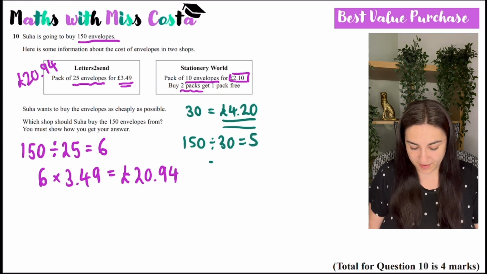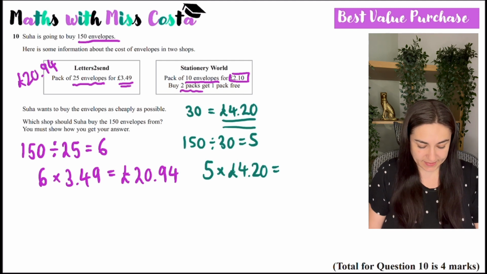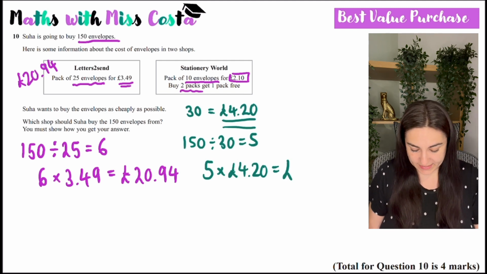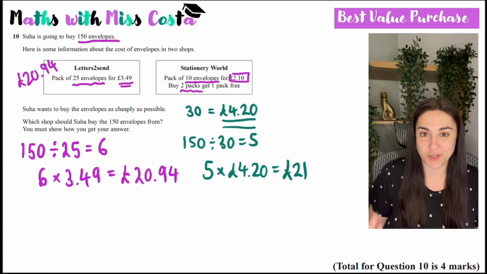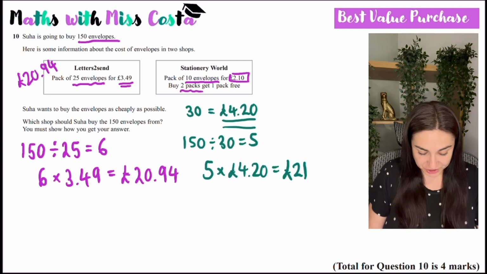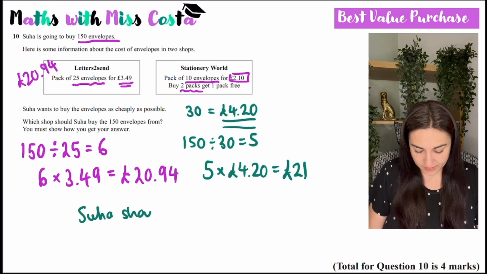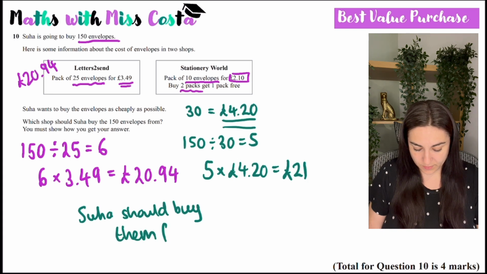So she would need to buy 5 of these, and 5 times £4.20 is £21. So even though there's a nice deal where you get 2 packs and 1 pack free, it's cheaper to buy it from Letters to Send. So Suha should buy them from Letters to Send.